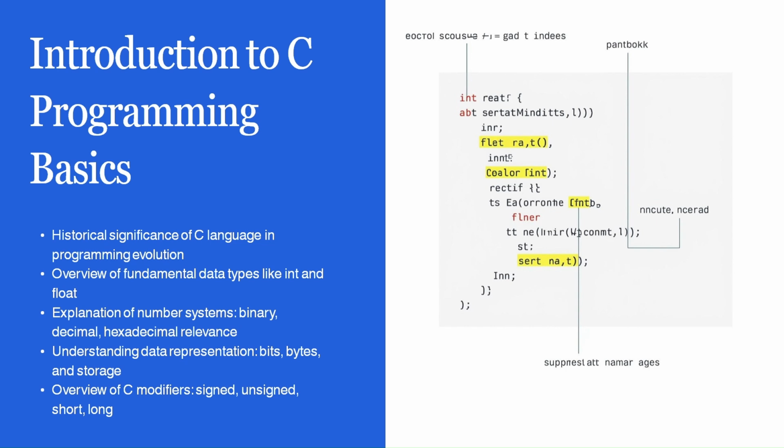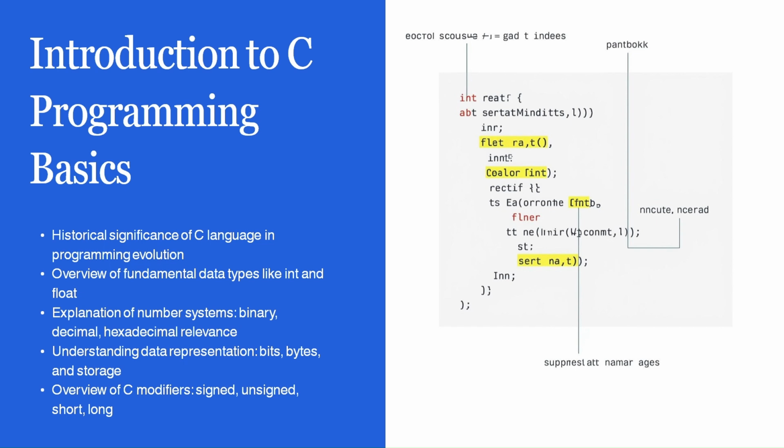C programming covers the historical significance and programming evolution, an overview of the fundamental data types like integer and float, and an explanation of number systems: binary, decimal, hexadecimal, and their relevance. It also covers understanding data representation, that is the bits, bytes, and storage, and an overview of the C modifiers: signed and unsigned, short and long.